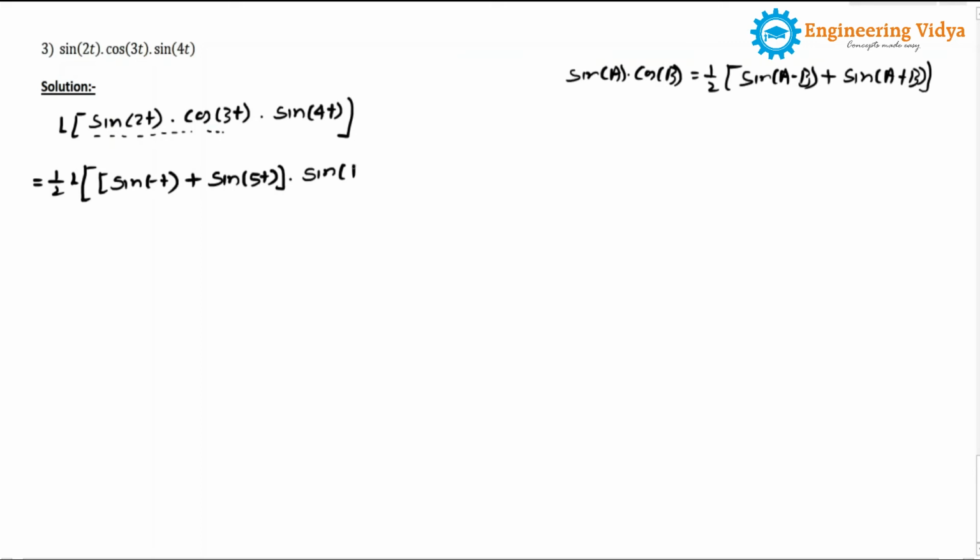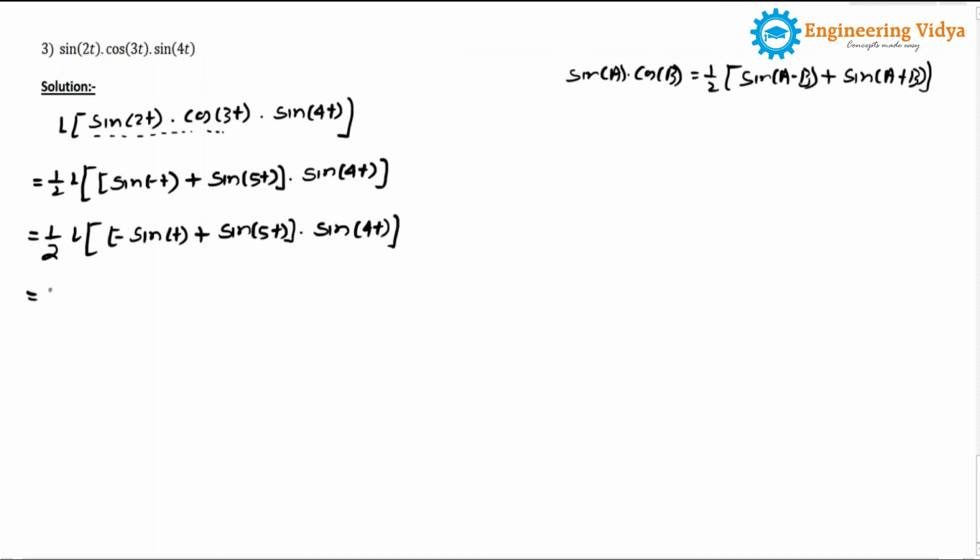At last here we have sin 4t, and then we write 1 by 2 into the Laplace transform of, since sin of minus theta is minus sin theta, right? So minus sin t plus sin 5t into sin 4t will be there.